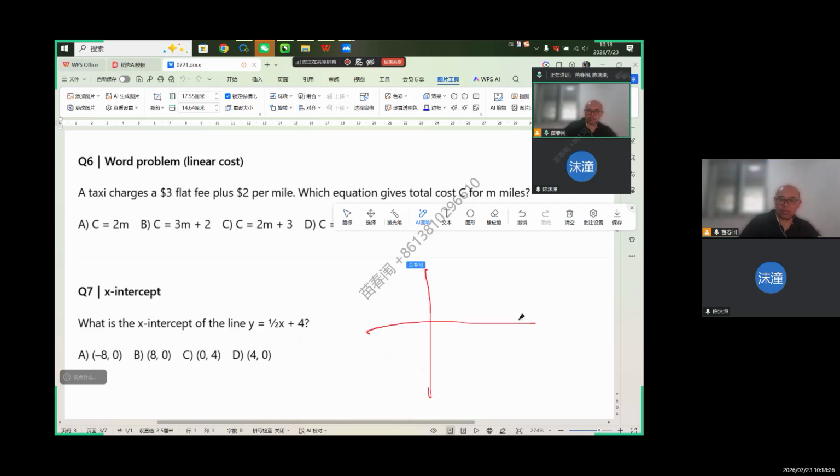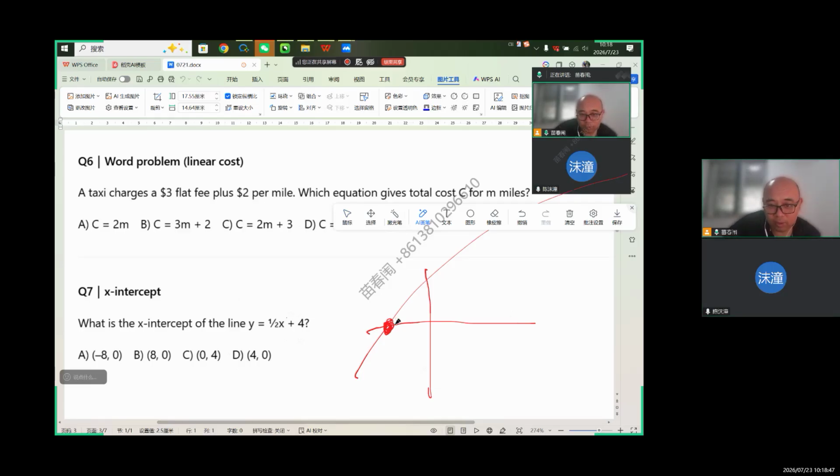So this is the x-intercept. What's so special about the x-intercept? Y equals 0, right? I think you're right. Yeah.